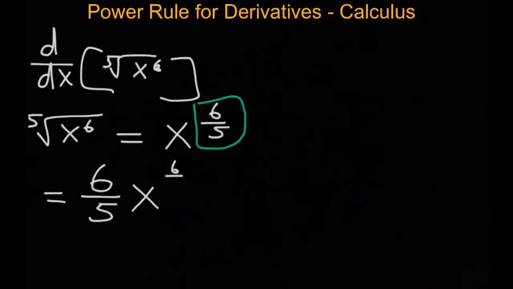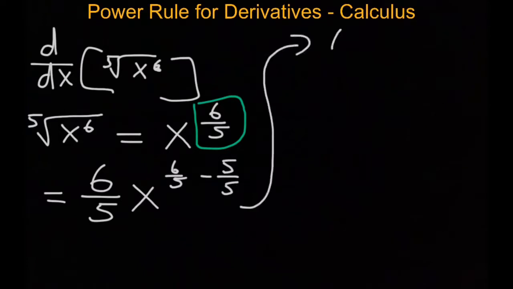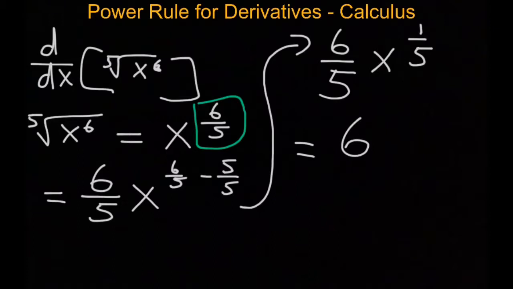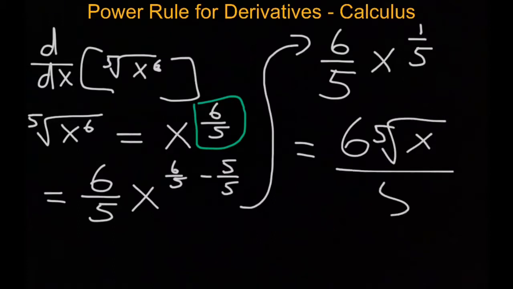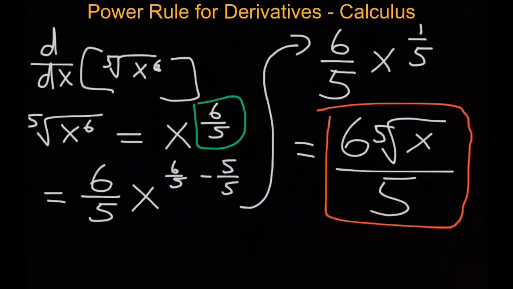So 6 over 5 minus 1, which is basically 5 over 5. So we're left with 6 over 5 times x to the power of 1 over 5, which can be written out as 6 times the fifth root of x over 5. And this is our final answer.